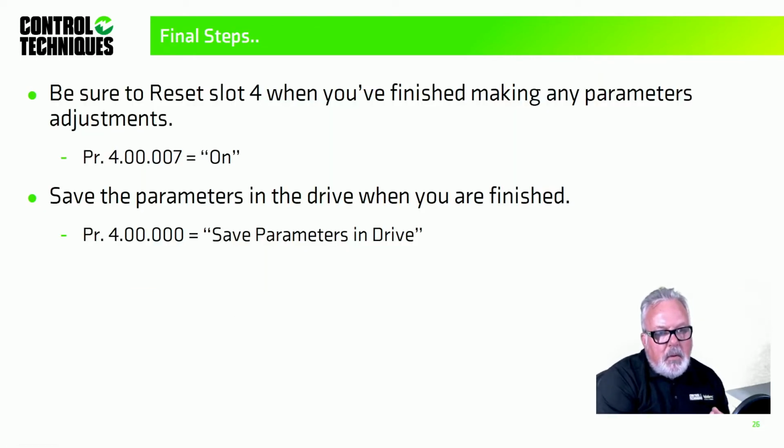When you have made changes to slot 3 or slot 4, what you need to do is reset the protocol, right? So that's done in slot 4, menu 0, parameter 7. So let's go look at that.